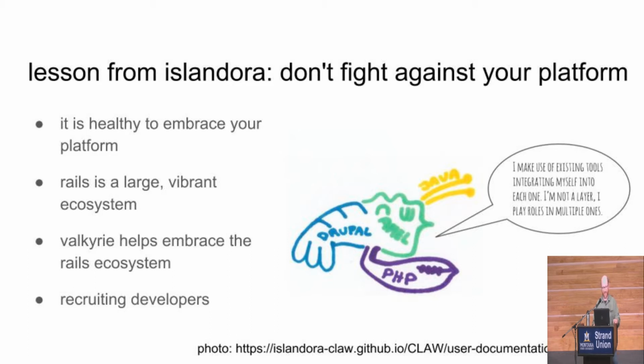There are a lot more Rails developers in the world than there are Samvera developers, of course. And when you hire developers and you dump them into a platform that has patterns that look like patterns they know, but then work strangely or don't work or have weird gotchas, it's deeply frustrating.